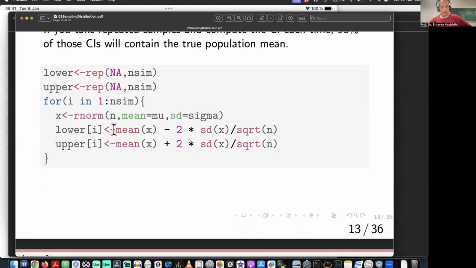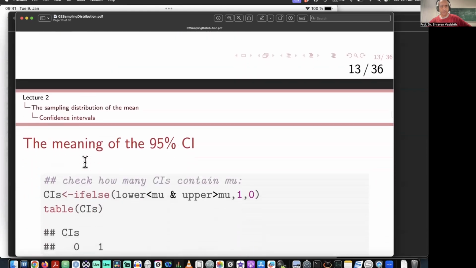So I take a sample, compute the sample mean, and compute the lower bound by computing the sample mean minus 2 times the standard error. Okay. And do the same thing to compute the upper bound. So mean plus 2 times the standard error. So I've got a vector of 1,000 values here and 1,000 values here. Is it 1,000? Yeah. So 1,000 values of lower and upper bounds, right?